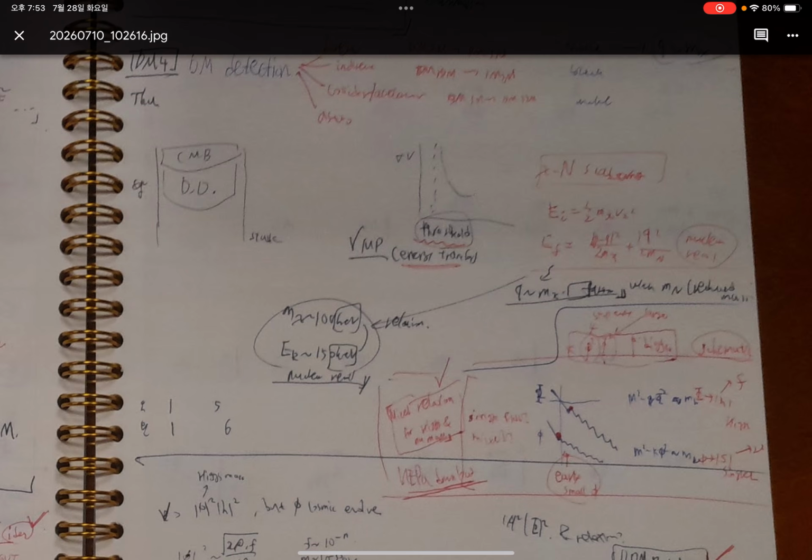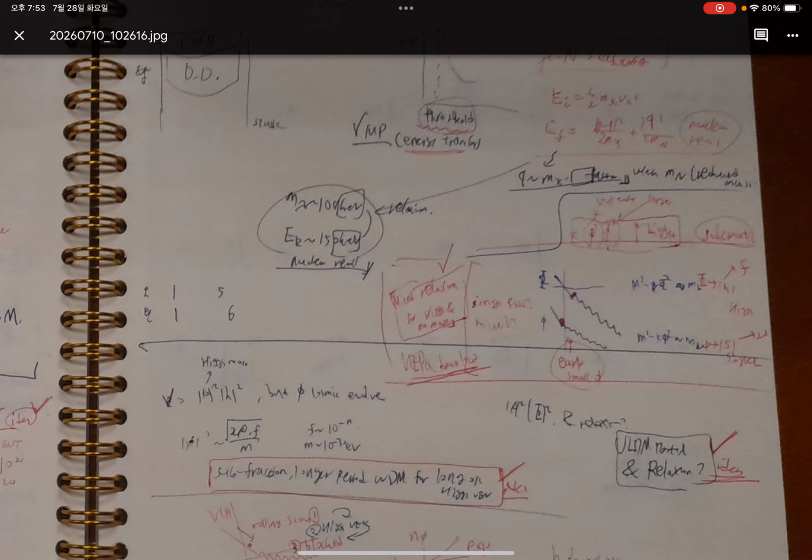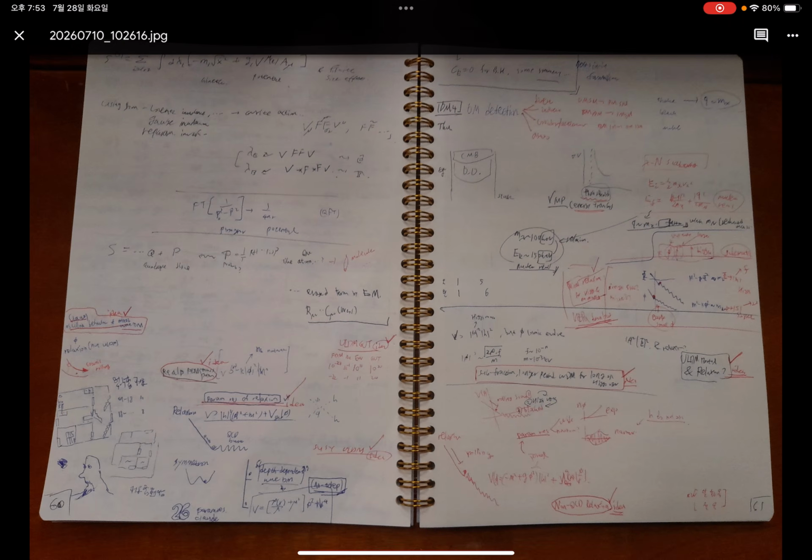By the dark matter's energy, the nucleus has some recoil energy, so we can use the initial energies of dark matter and the nuclear recoil energies, and there is some specific sensitive energy scale for dark matter mass of 100 GeV. The threshold nuclear recoil is at the scale of 100 keV.